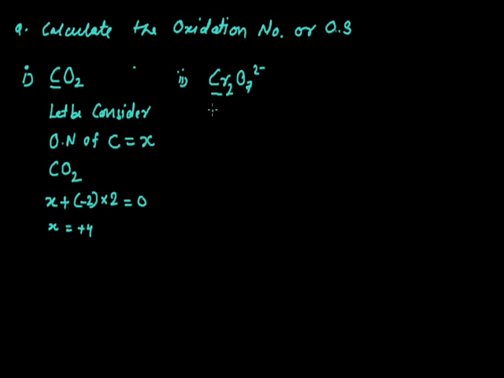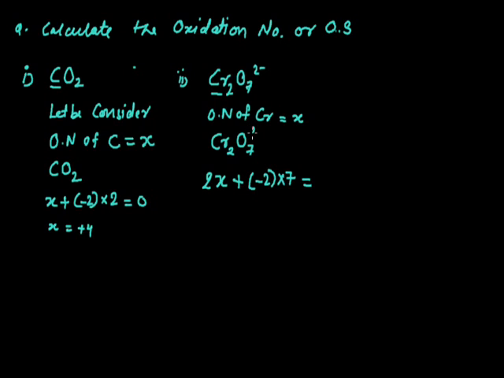Let me consider the oxidation number of chromium is equal to X. According to the formula Cr2O7, we put the OS of chromium, that is X, and here 2 atoms of chromium are present, so we multiply it by 2, plus the oxidation number of oxygen, which is minus 2, multiplied by 7, because 7 atoms of oxygen are present, and it is equal to the total charge.